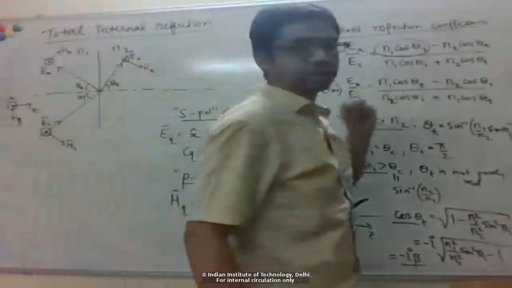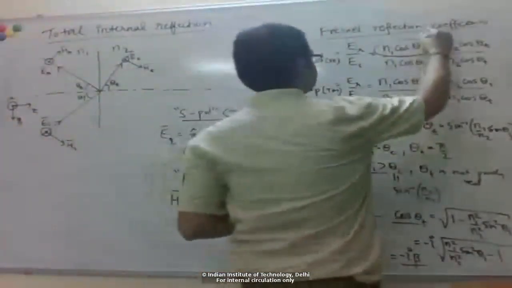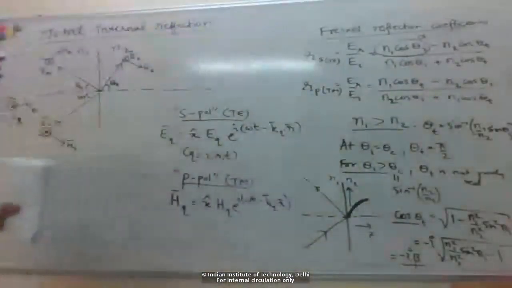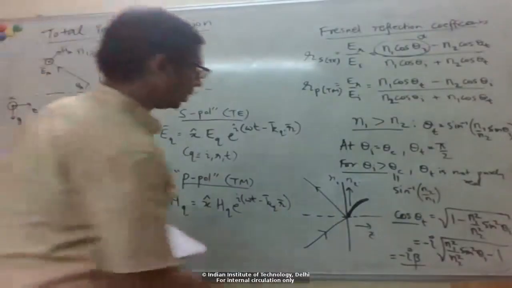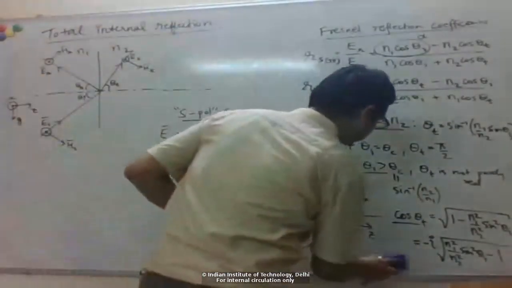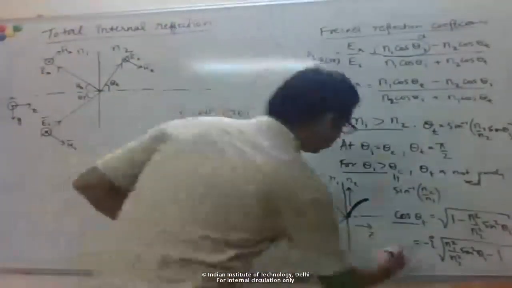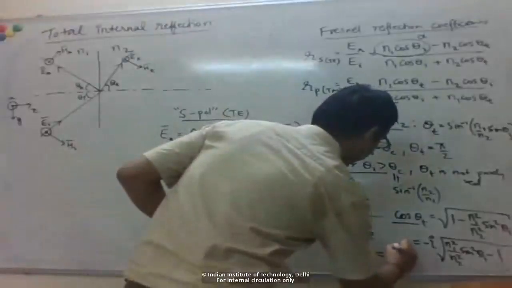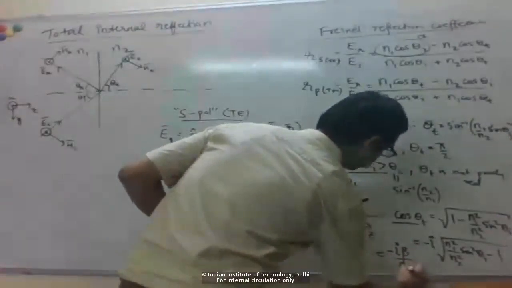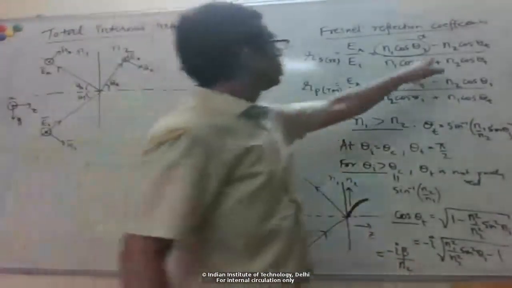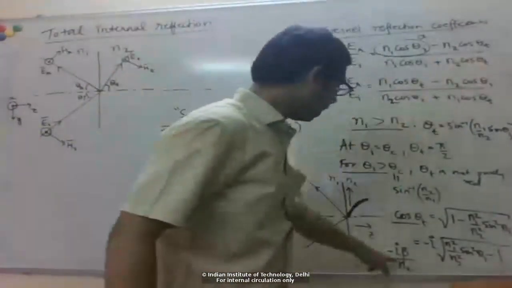So let me denote that by some alpha. And let me call this beta by n2, so that n2 cosine theta t is now I beta.